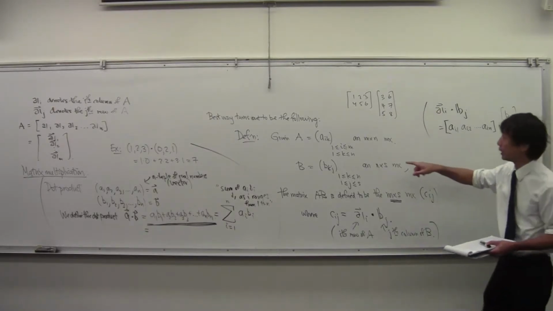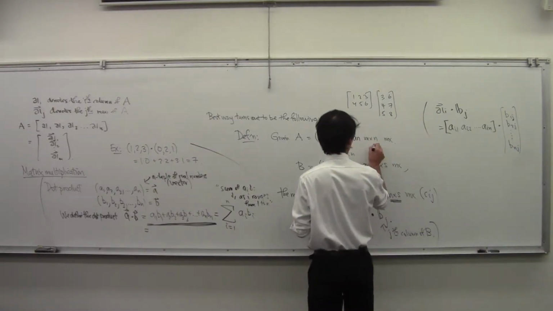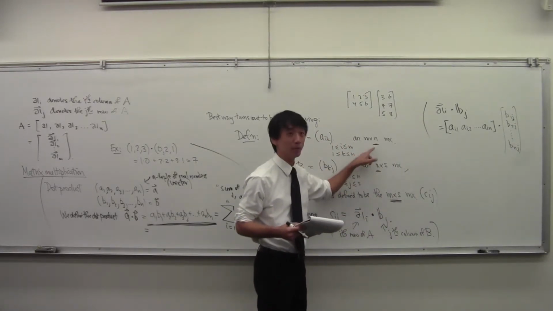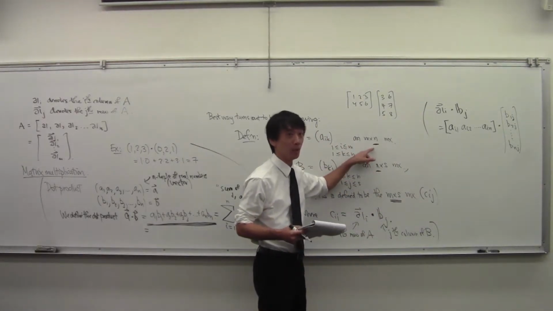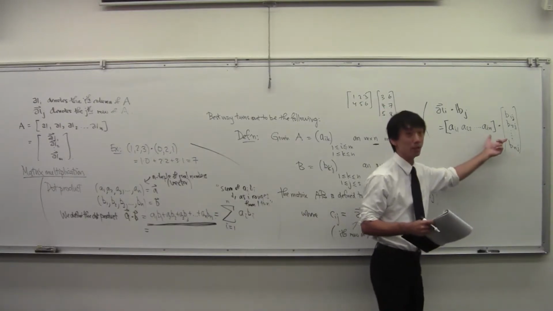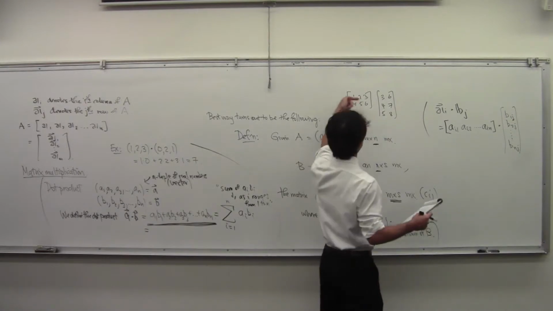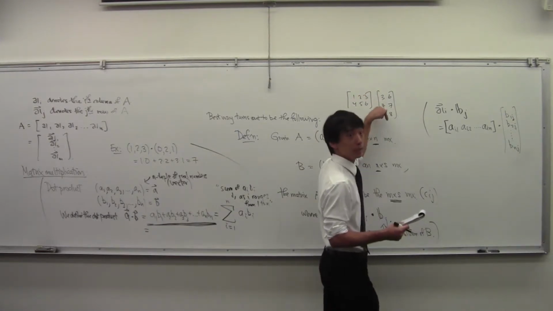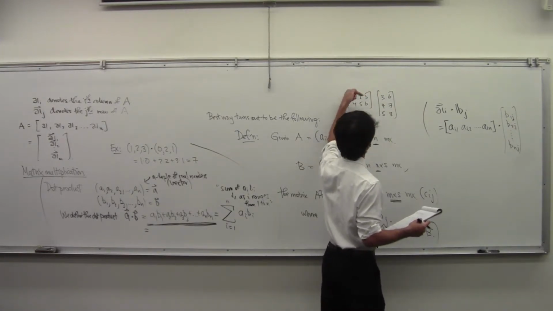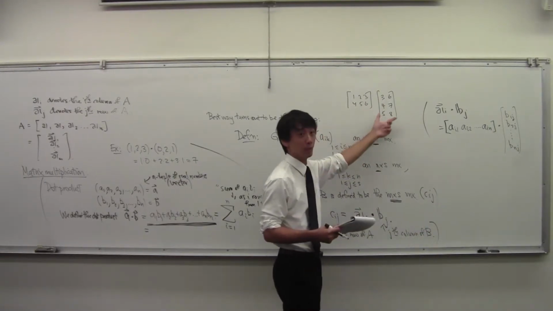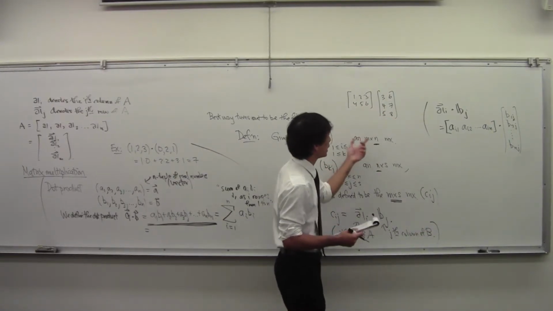You're sharp in noticing. We need to take the dot product of the rows here against the columns here, so the length of the row in the first matrix must equal the height of the column in the second.